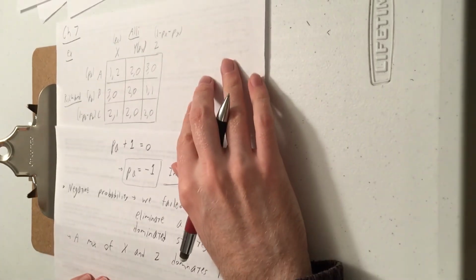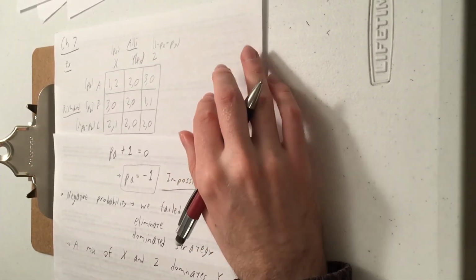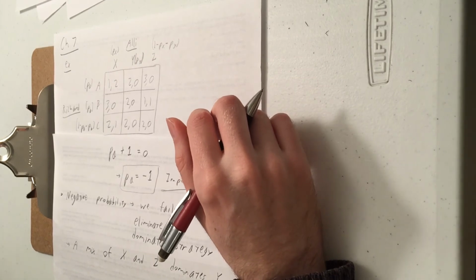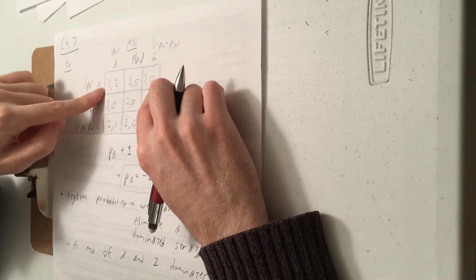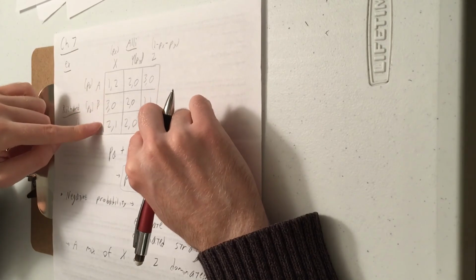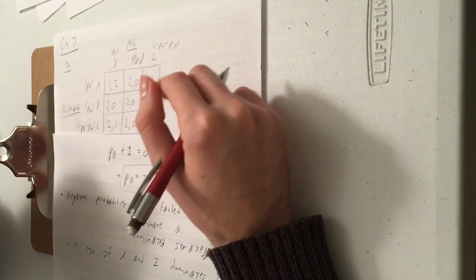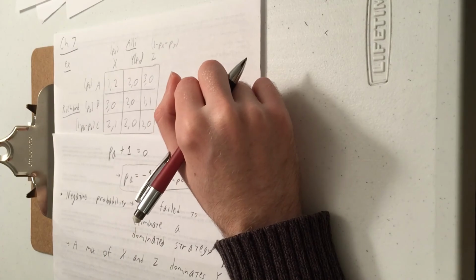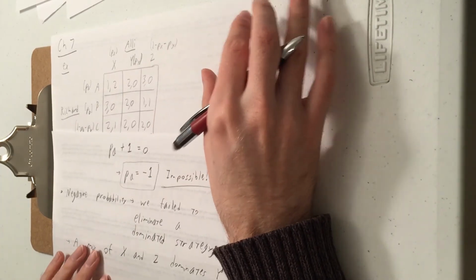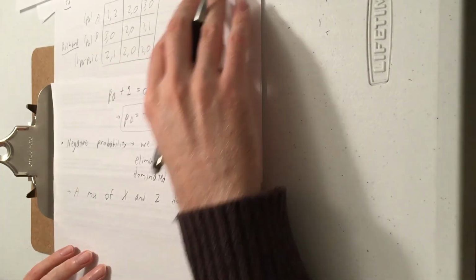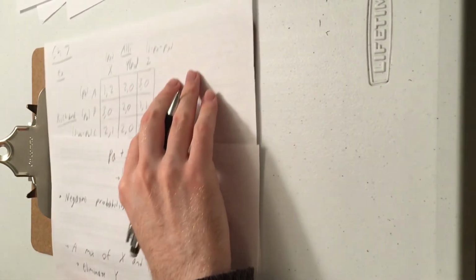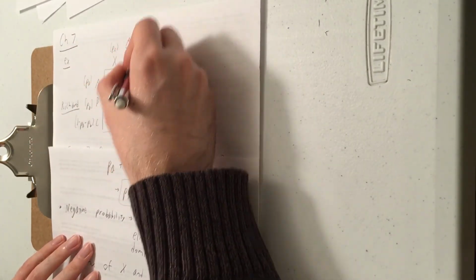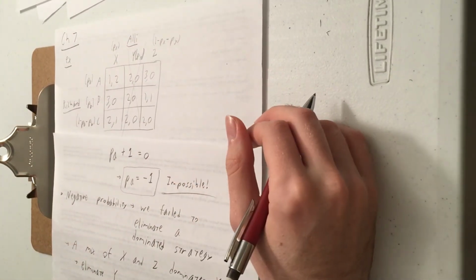You can verify this on your own. If you played X half the time and you play Z half the time, on average, that's better than playing Y. So mixing X and Z dominates Y. So if Y is dominated, we should have just eliminated Y from our game and worked from there.